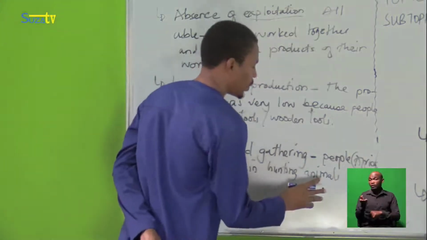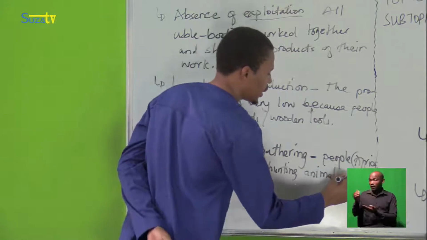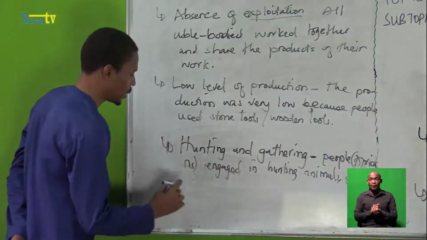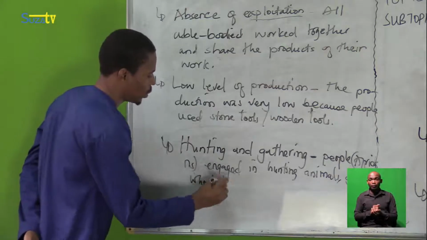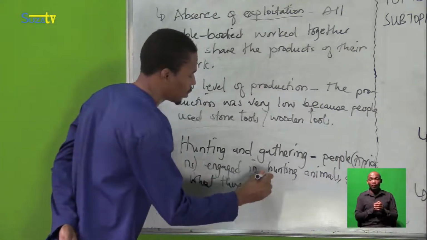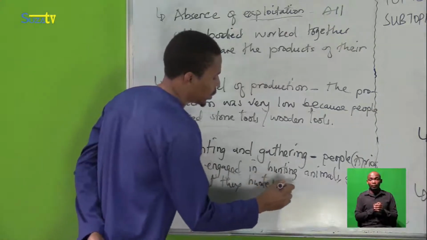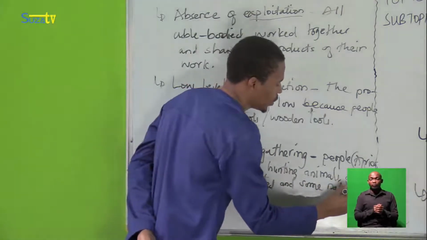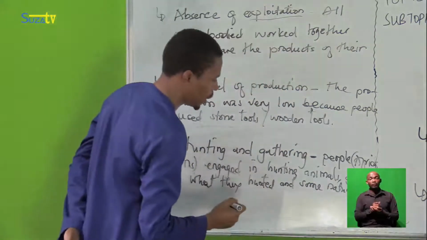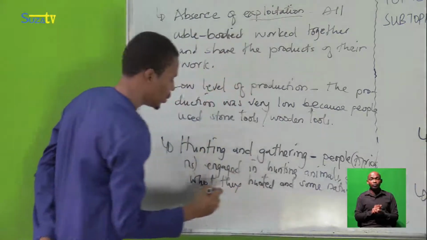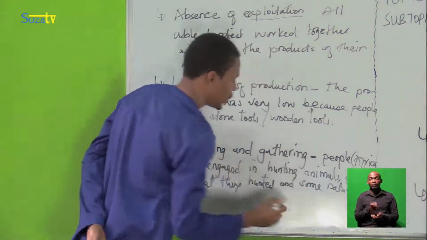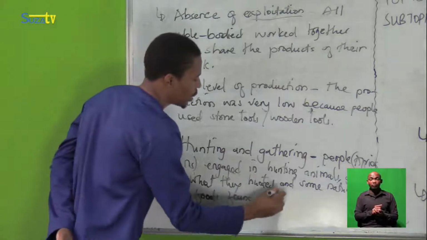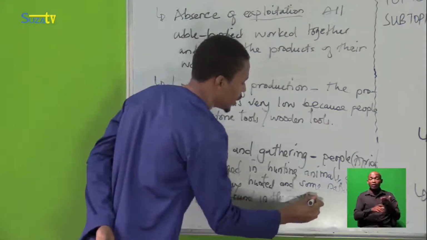People in this mode of production or in this social organization gathered what they hunted and some natural, or we can say raw, foods found in the areas.